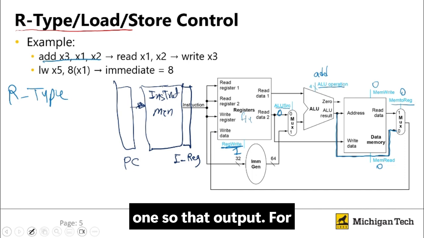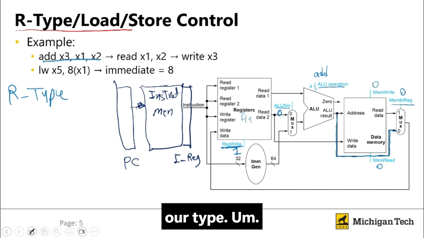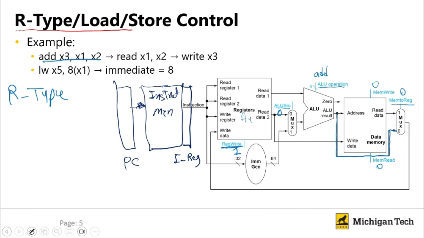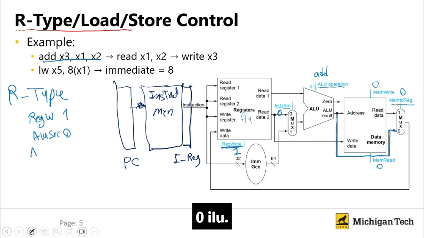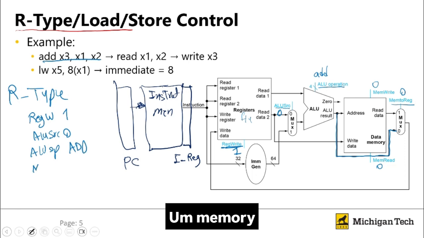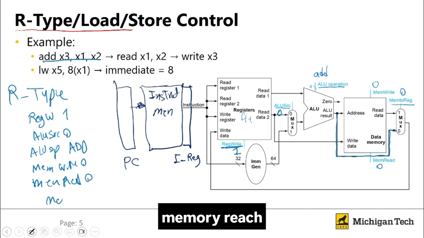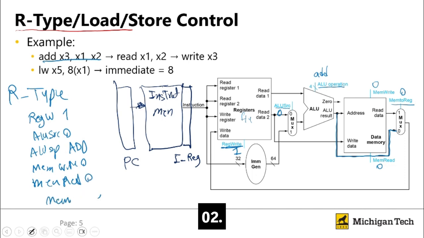So the output for R type is like that. Register write 1, ILU source 0, ILU op add, memory write 0, memory read 0 and memory to register 0.